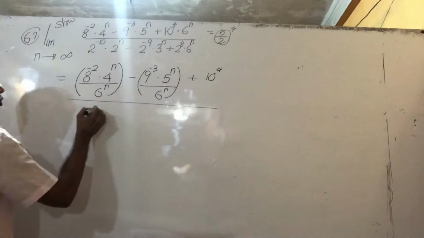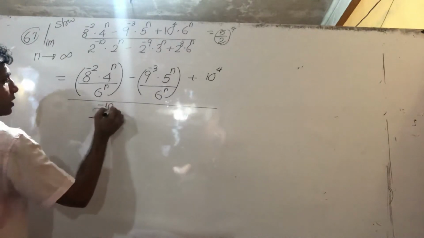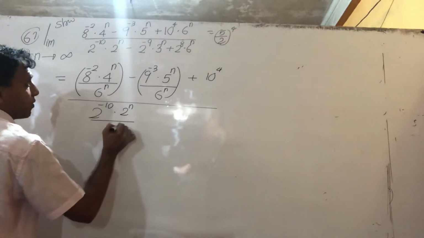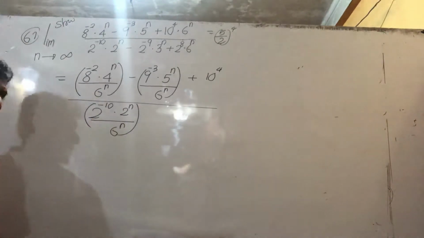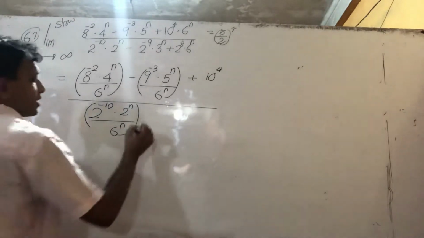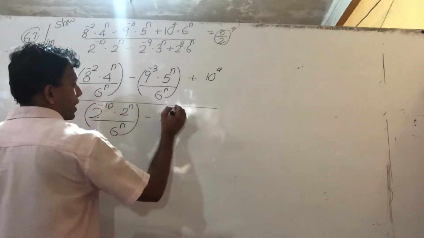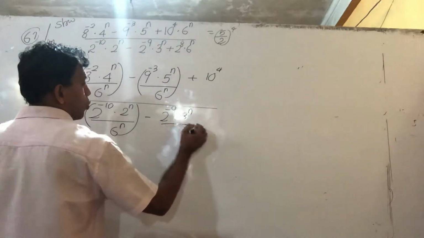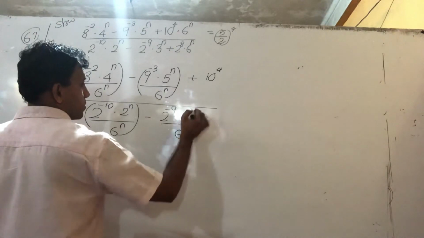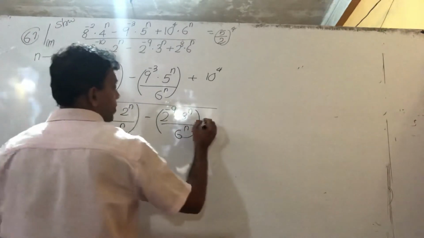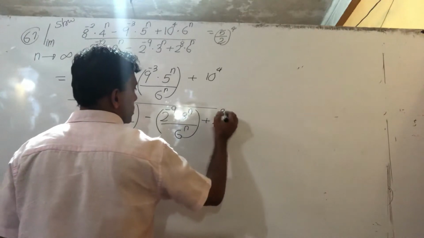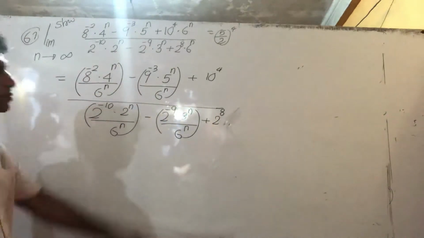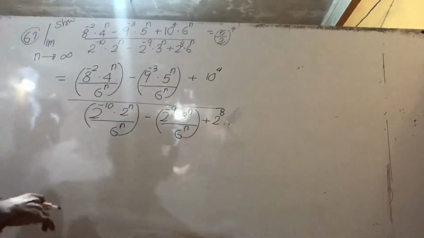So we divide 2 to the power minus 10 times 2 to the power n over 6 to the power n. Simple question, but it looks like a different format. Minus 9 to the power n over 6 to the power n, plus 2 to the power 8 over 6 to the power n. The answer is provided, so show that answer, okay?